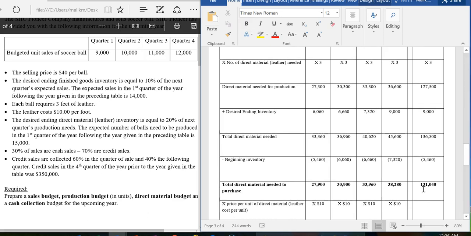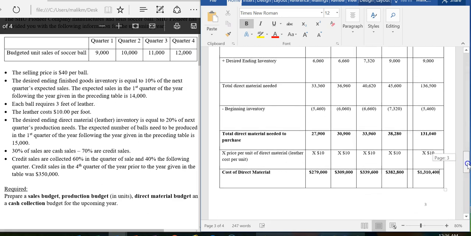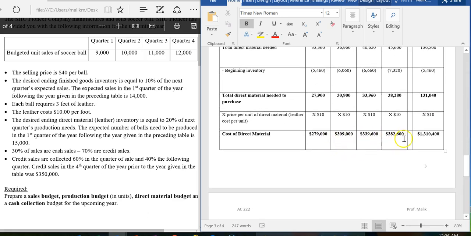And the cost per foot is $10. If you multiply it, you will find the total cost of their direct material for the whole year will be $1,310,400.